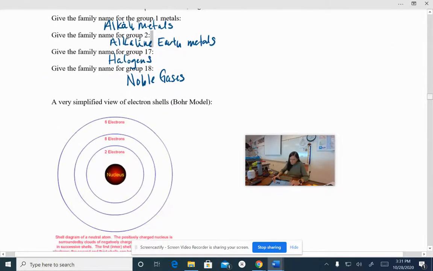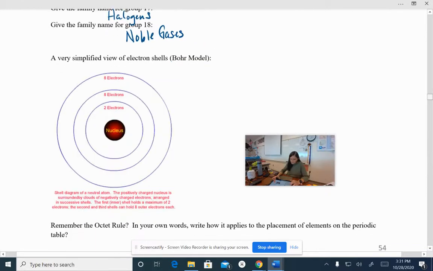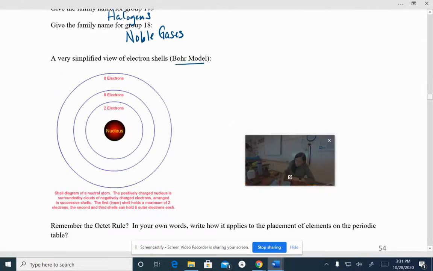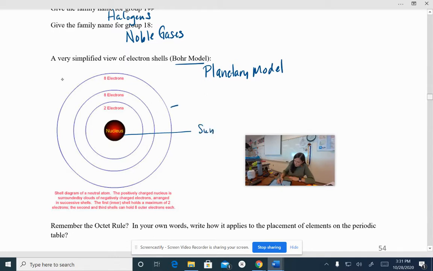So we've been working with a very simplified view of the electron shells, being the Bohr model, sometimes called the planetary model. Doesn't this look like the nucleus is like the sun, and these are the orbits of the planets?